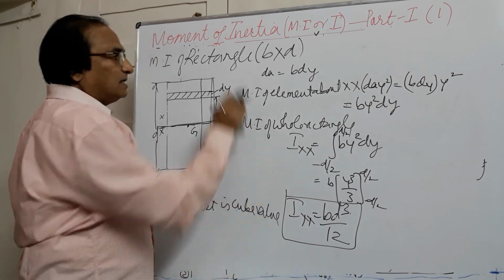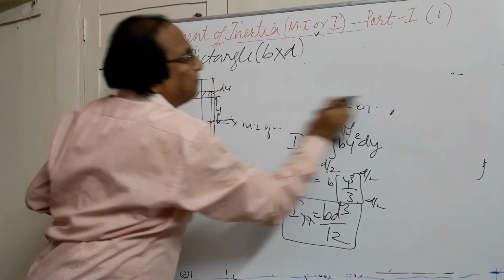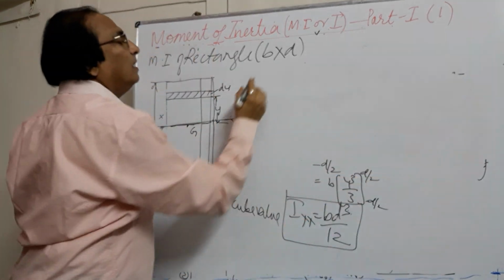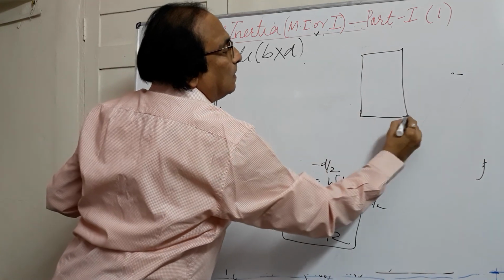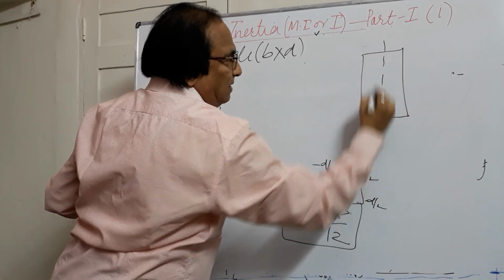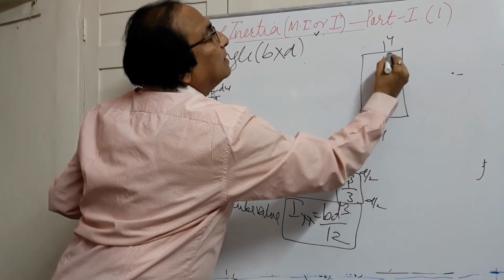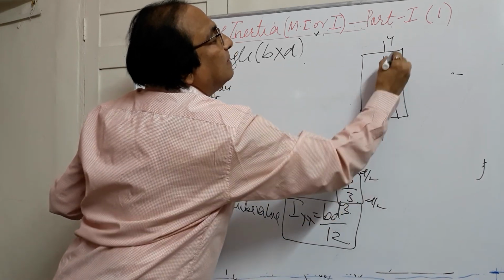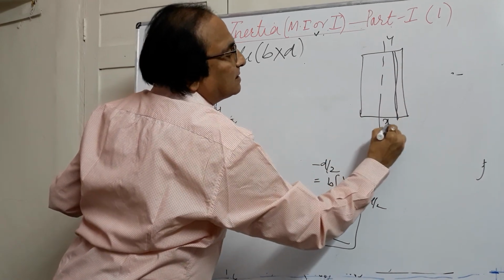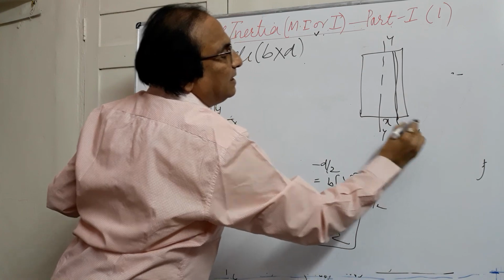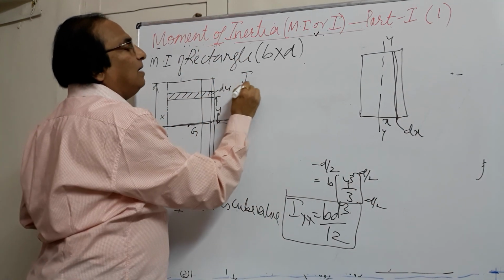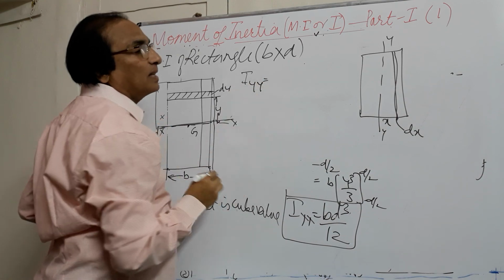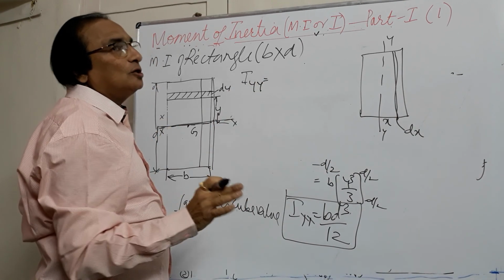On same lines, if I see the rectangle, if this is yy, let us consider an elemental strip at a distance x and this thickness be dx. Again if I go on the same lines, you get Iyy will be equal to, general formula is b d cube by 12.